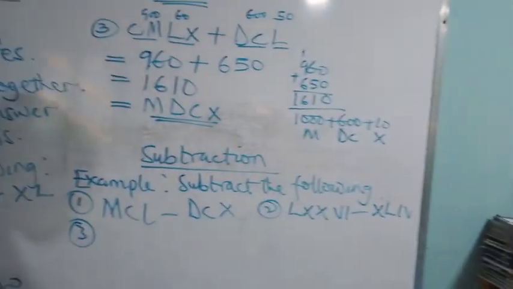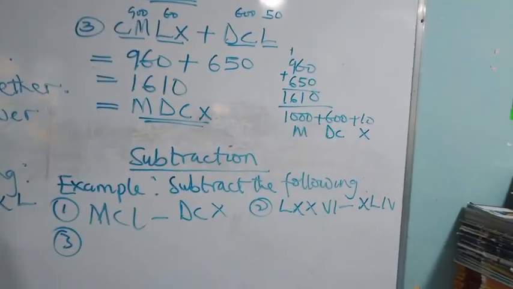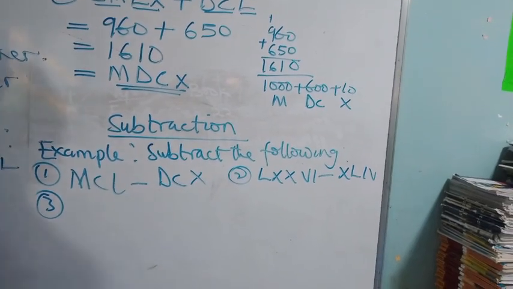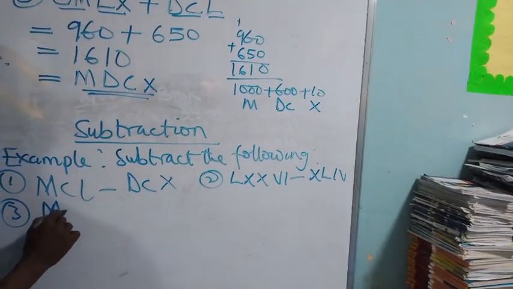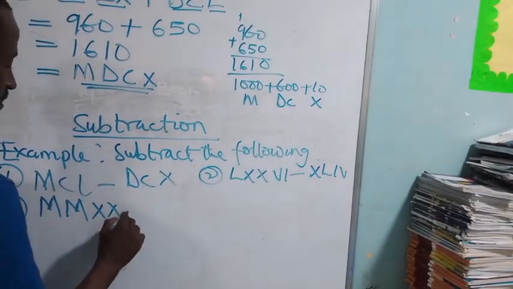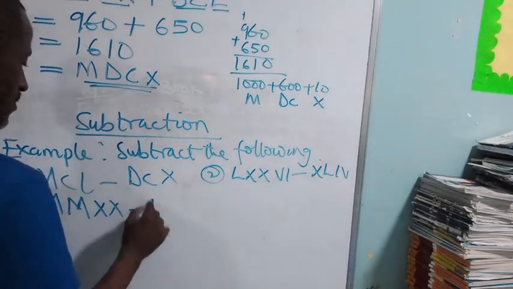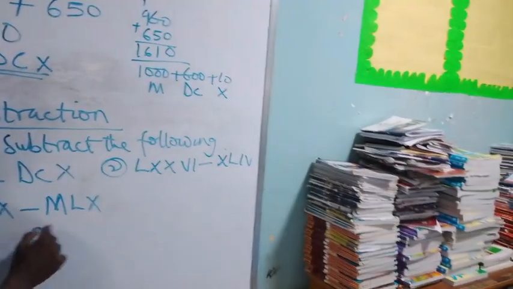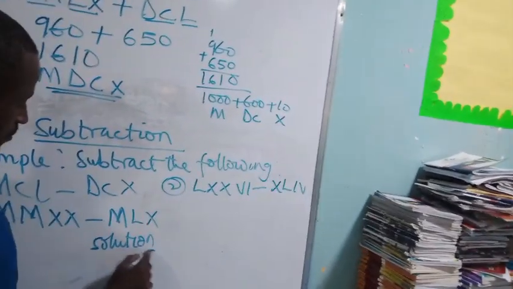And question number 3, we have MMXX minus MLX. Solution.